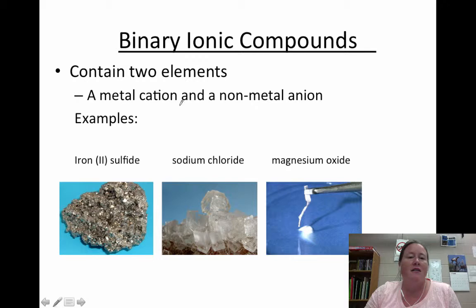And that gets electrostatically attracted to a nonmetal anion, which is typically a nonmetal that has 5 or 6 or 7 valence electrons, and it often will gain 3 or 2 or 1 valence electrons to fulfill the octet rule.